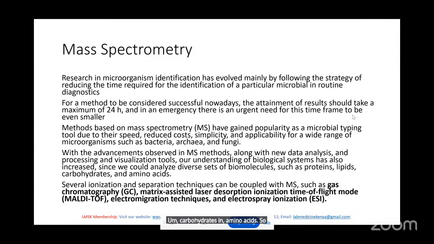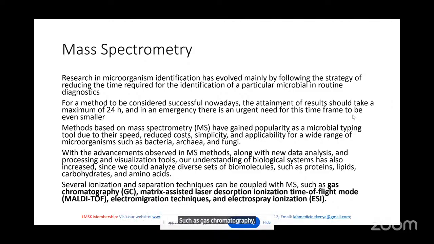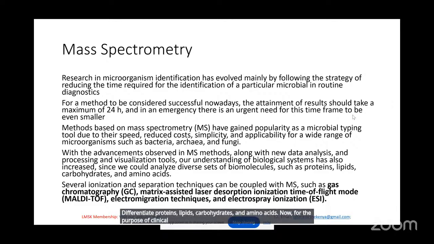So several ionization and separation techniques can be coupled with mass spectrometry, such as gas chromatography, matrix-assisted laser desorption ionization time of flight, electromigration techniques, and electrospray ionization. So with mass spectrometry, you can differentiate proteins, lipids, carbohydrates, and amino acids. Now, for the purpose of clinical microbiology, we use matrix-assisted laser desorption ionization time of flight, together with mass spectrometry, to help us identify bacteria.